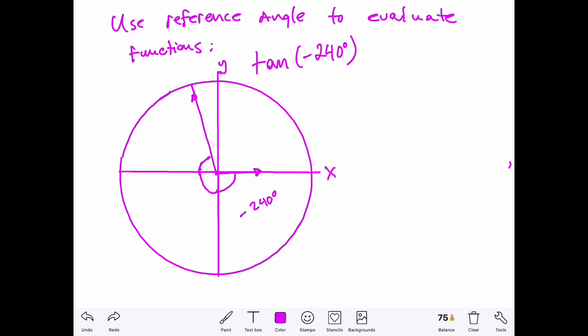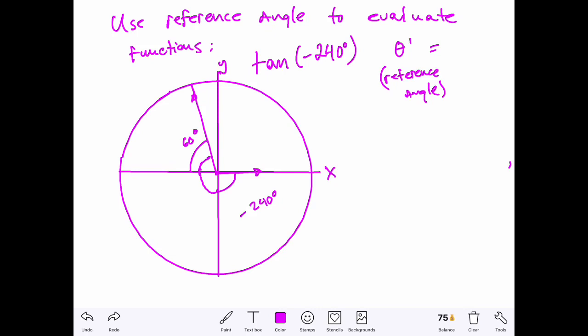Now that's good, but more important now we want to find theta prime, our reference angle. And remember, that's our shortest acute angle down to our x-axis or up to our x-axis. In this case, well, how much did we go beyond 180? We went another 60 degrees. This would be my reference angle, 60 degrees.